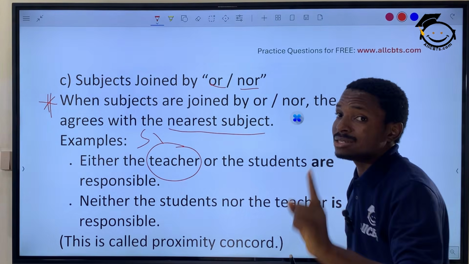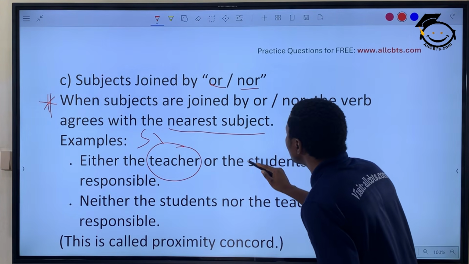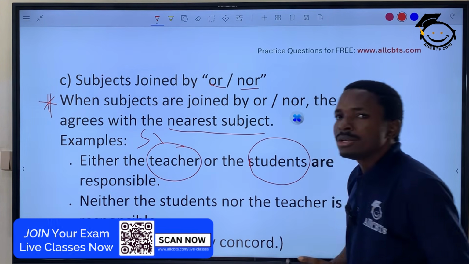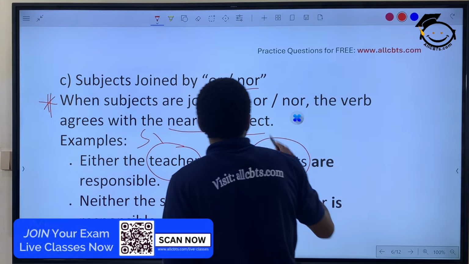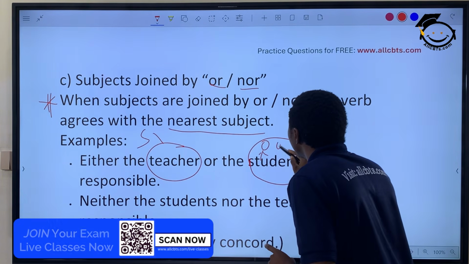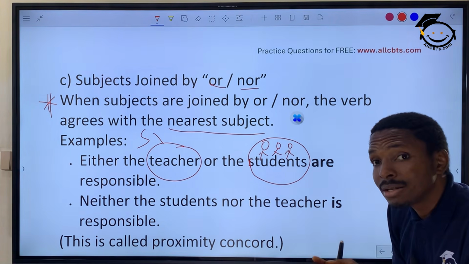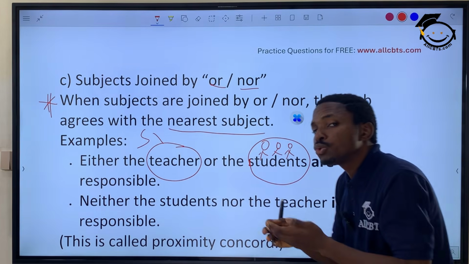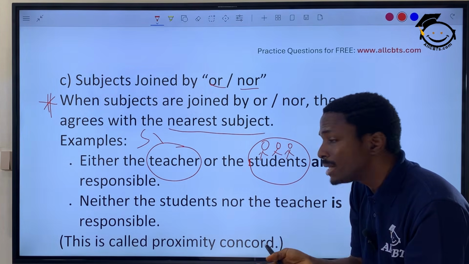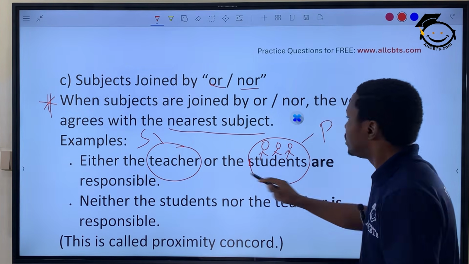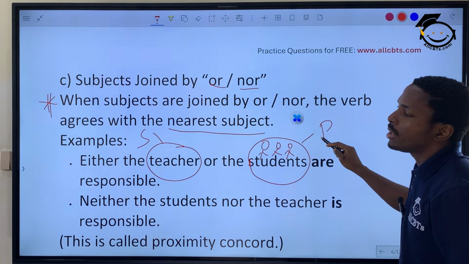One person is teacher. You have students. Student means what? A group of learners, more than one. That's 2, 3, 4 students. So that's plural. Right? So this is singular, and this is plural.